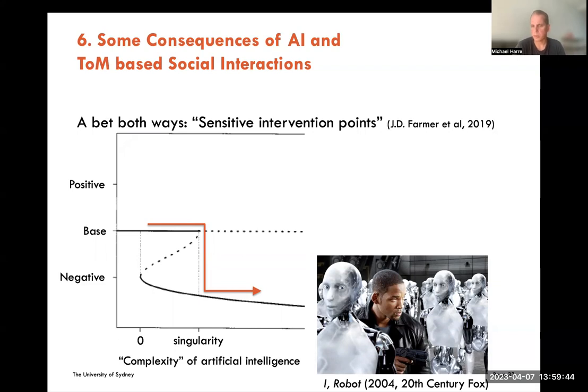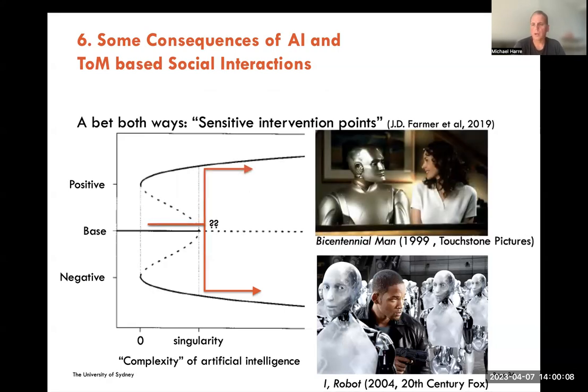We're going to get to a tipping point, though, so the argument goes, where we're going to end up in a very negative state. And so the sort of state that Will Smith in the movie I, Robot found himself. And so in that catastrophic outcome, we find ourselves in a dystopic future.